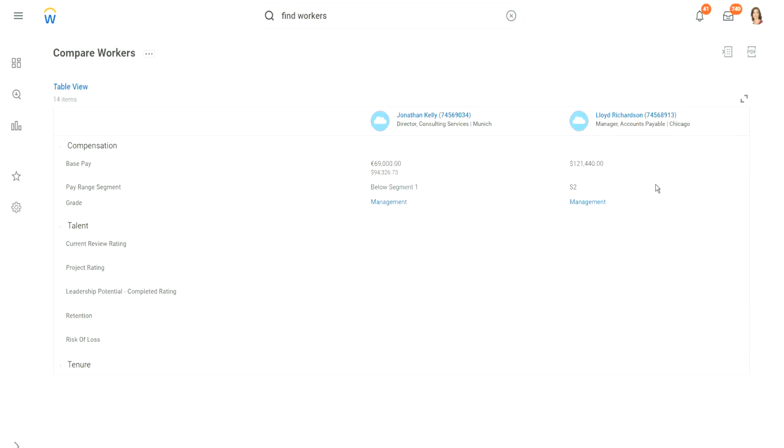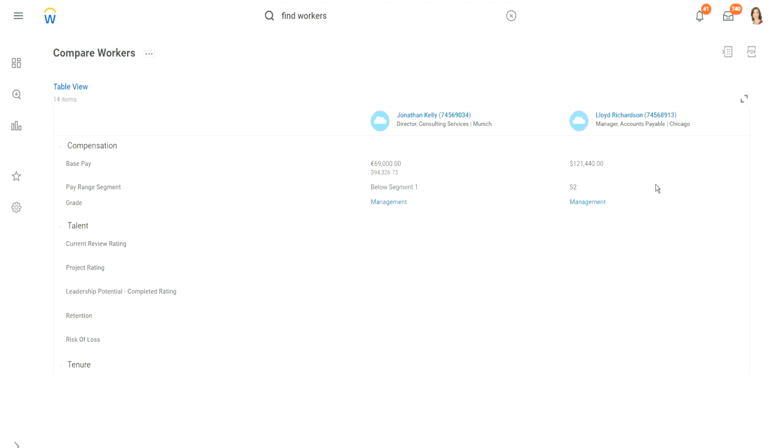Less than average, so the average is a midpoint. If this person is S2, that means there are 4 segments, S1, S2, S3, and S4. So now we are comparing. If I have 2 workers, one is below segment 1, one is S2. Now, what do you understand by this?